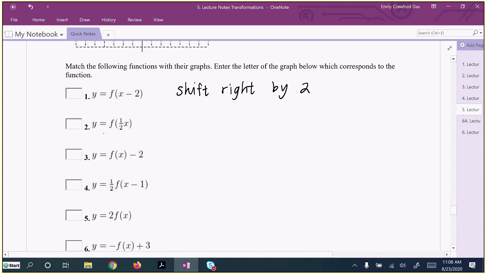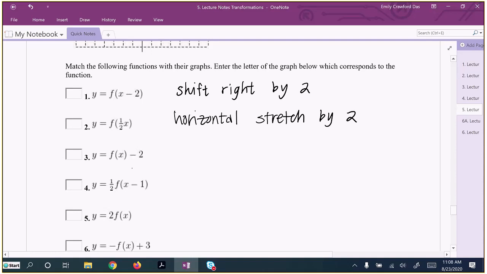What about number 2? We have f of 1/2 x, so I have a number multiplied with my x-coordinate. So I know that this should be horizontal stretch or horizontal shrink. And which one do I choose? Well, a number between 0 and 1, like 1/2, is going to give me a horizontal stretch by a factor of 2.